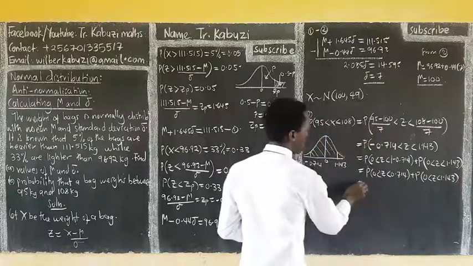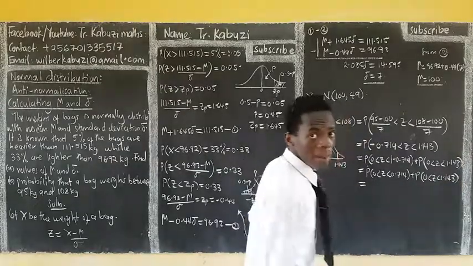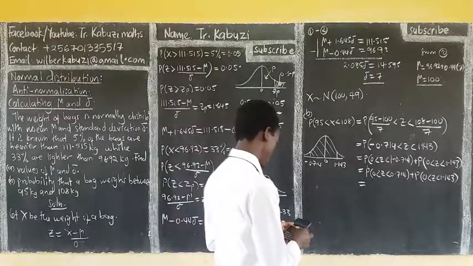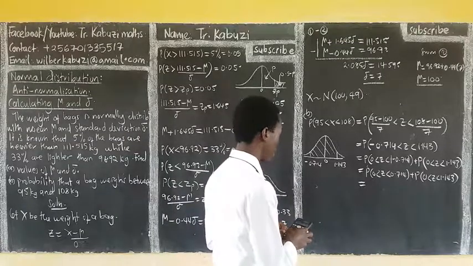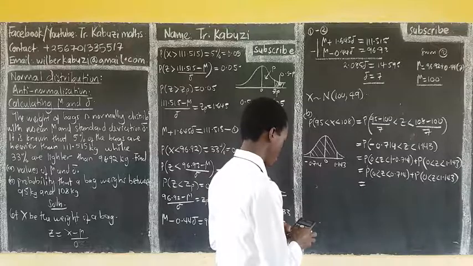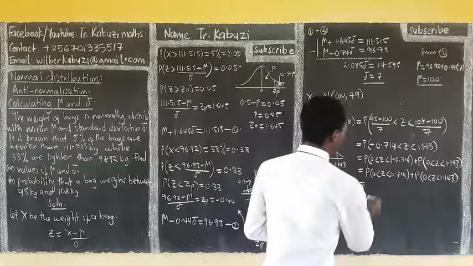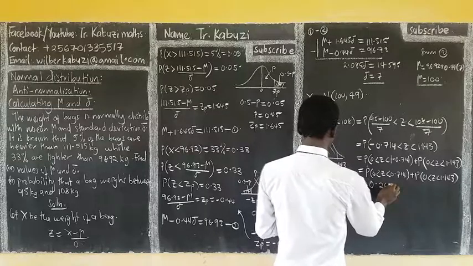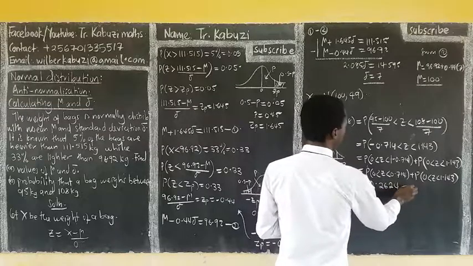So pressing that probability, now you read the table. Please read the table always to get that value. This is 0.26. Now the probability we give to 4 decimal places.